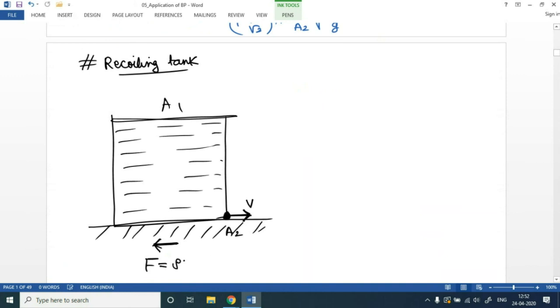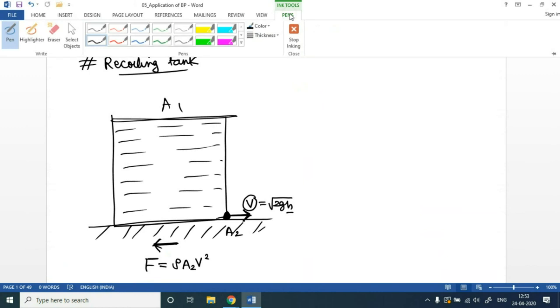It is coming out of this cross section, so rho A2 into v square. Please remember, this v is variable. v is equal to root 2gh, where h is the instantaneous value of the depth of this orifice from the open surface of the container.